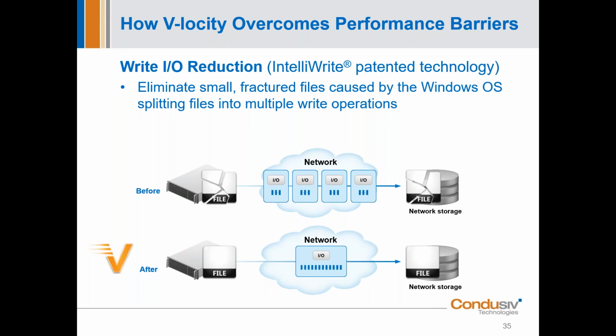So your application sends one IO request. Windows may translate that into dozens, if not hundreds, thousands of separate individual small IOs. Every one of those IOs takes a separate amount of time to complete.